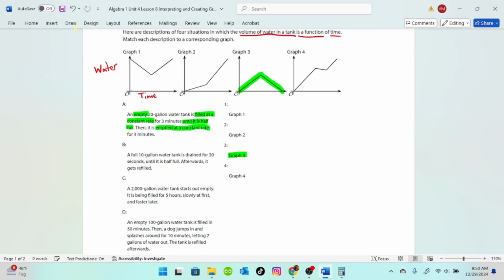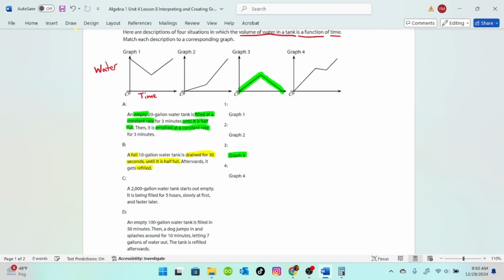Description B. A full 10-gallon water tank is drained for 30 seconds until it is half full. Afterwards, it gets refilled. So we know that it starts out full, it's drained for 30 seconds until it is half full, and then it's refilled.